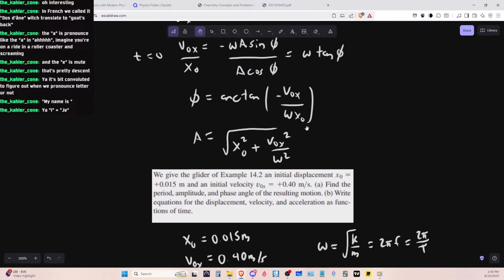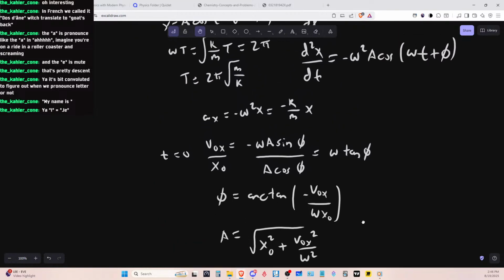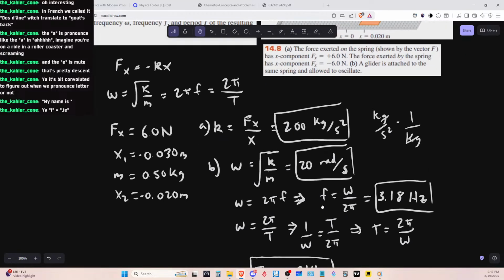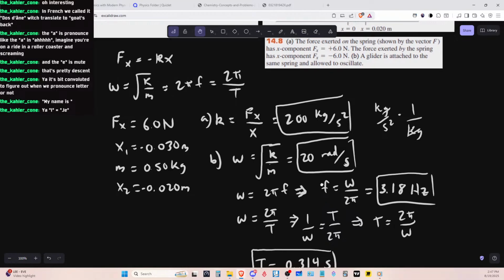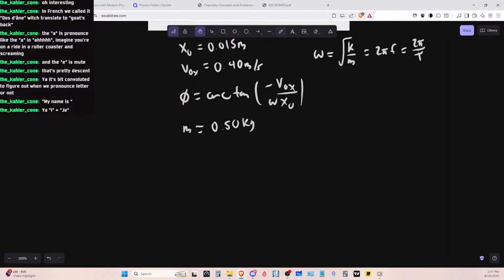Now we just have to sort it out. I think we figured it out last time, right? Yeah, so I think we already have K, which is 200, I think, kilograms per second squared. Alright, so I think we have omega already.